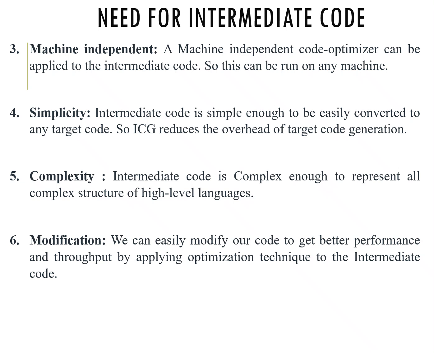So being a complex structure, it is easy for us to convert this program into its target code. Modification: we can easily modify our code to get better performance and throughput by applying optimization techniques to the intermediate code. Thus, we all know that once the intermediate code is generated, code optimization can be easily applied on that particular output.